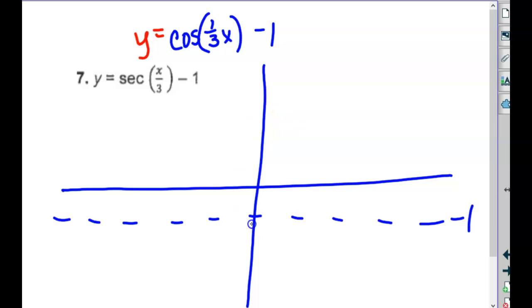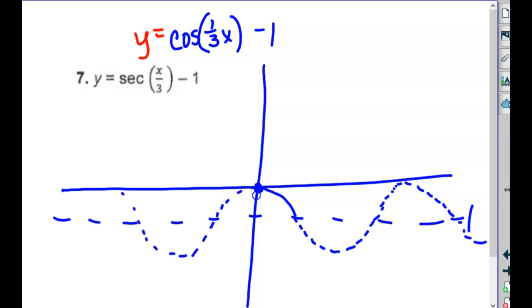It's a regular cosine. So it starts at the max, which is actually 0, right? Because it only goes up and down 1. So it would look like this. And it would go down as far as negative 2.